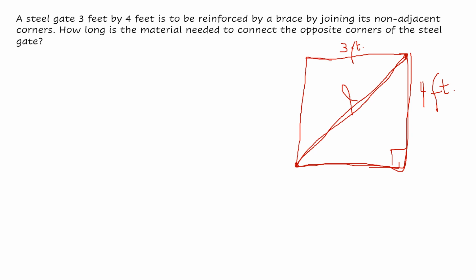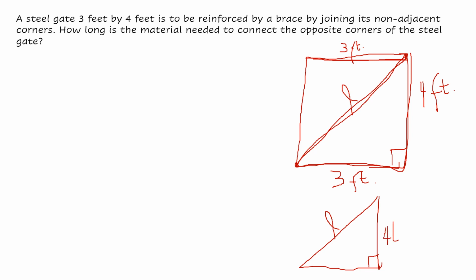And since the upper side is 3 feet, of course the lower side, which is opposite to the 3 feet side, is also 3 feet. So since you have formed a right triangle, you solve the length of the brace, which is the hypotenuse of the right triangle, by a formula called Pythagorean theorem.